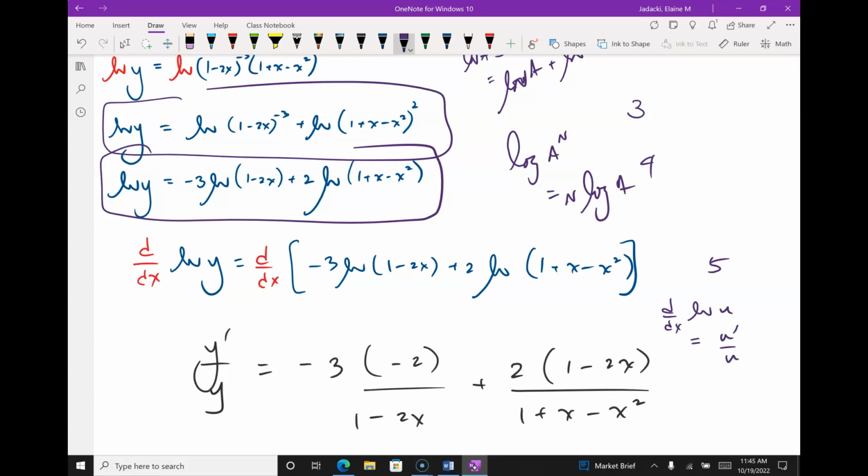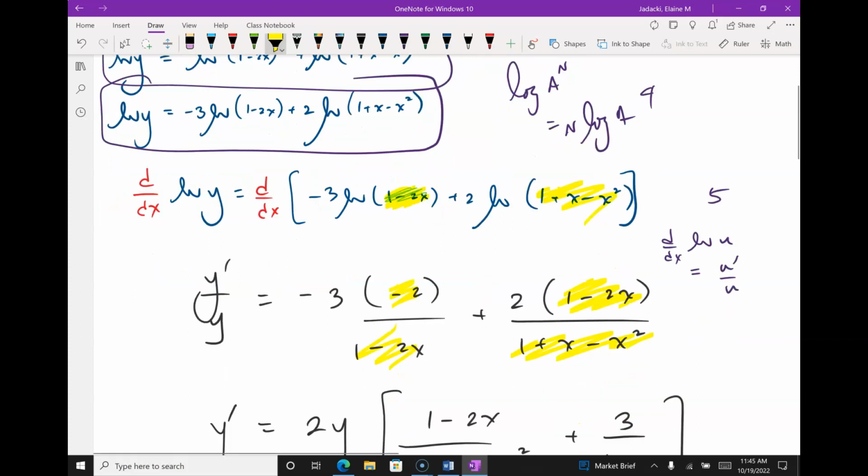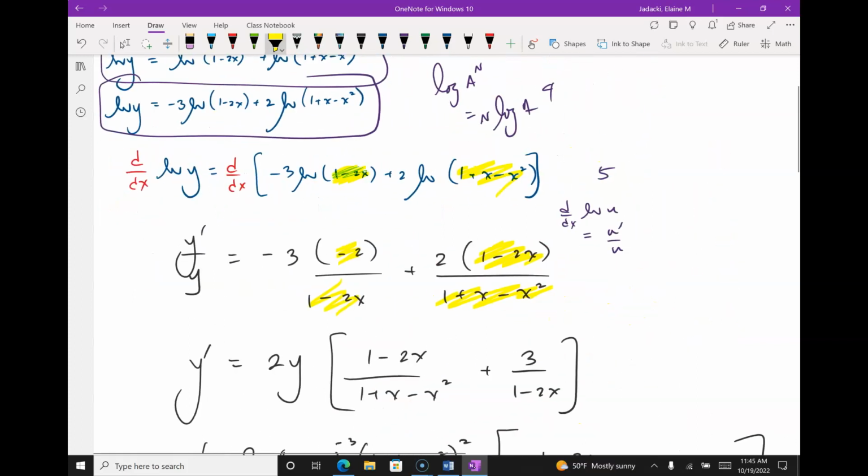So it's real simple the way we gave you that formula, which kind of hides the chain rule. So derivative of the inside is -2, right? Sorry. Derivative of the inside is -2 over the inside. Done. Derivative of the inside is 1 minus 2x over the inside. And then I cross multiply because I'm solving for y prime, so I'm going to cross multiply to get y on the other side.